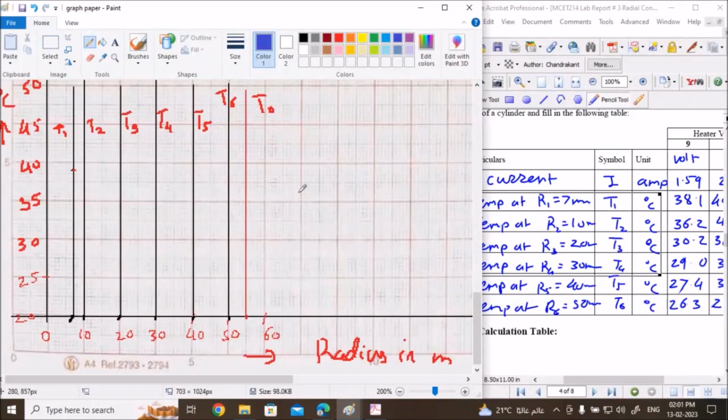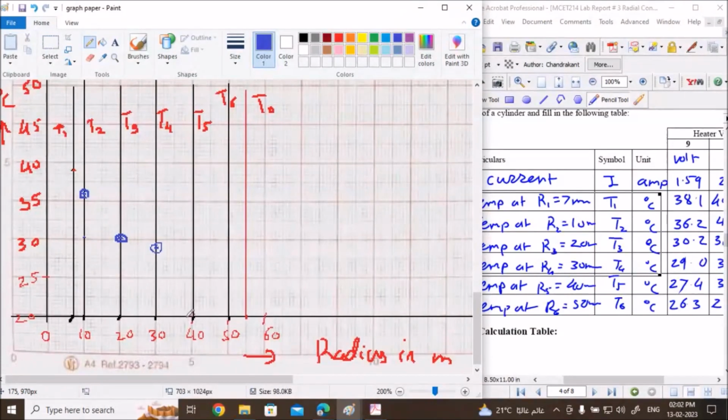Now at 10 the temperature is 36.2, so 35, 36, yeah, then 30.2 for 20 radius. So this is 30, 30.2. It is around, oh sorry, here. Next, at a radius 30, the temperature is 29, means 2 lines less here.